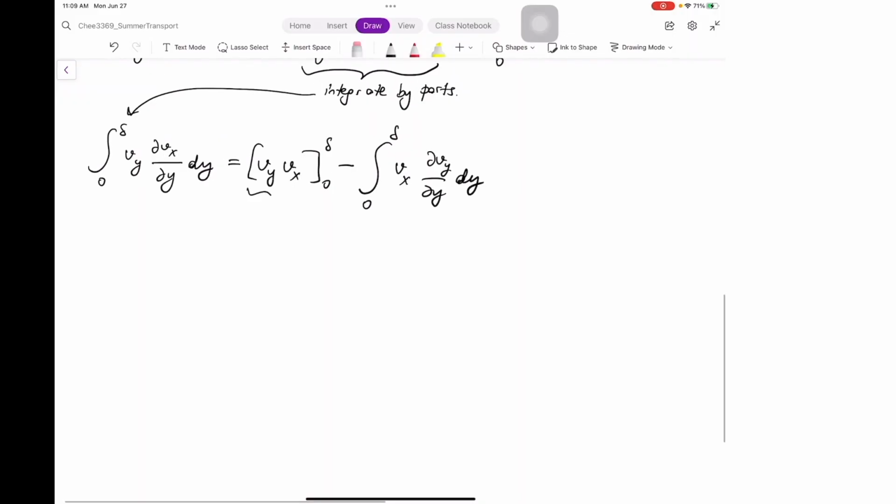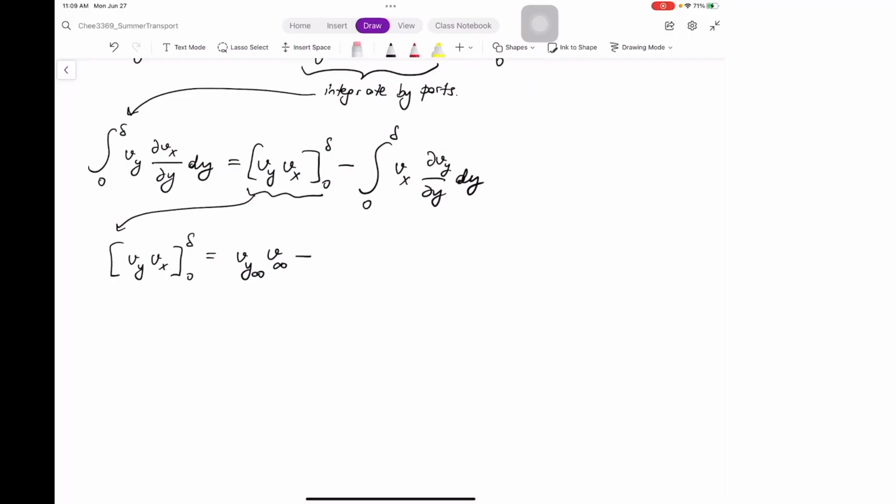And this term, Vy Vx from 0 to delta, is nothing but Vy at delta, which is Vy infinity, times Vx at delta, which we called V infinity, minus Vy at 0 times Vx at 0.